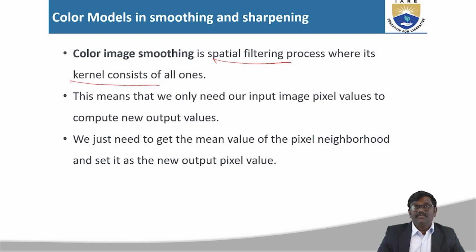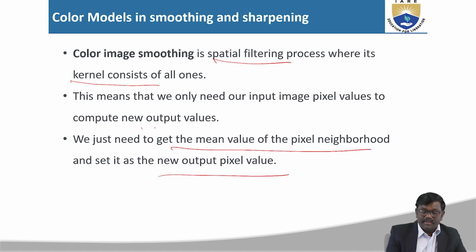This means we only need our input image pixel values to compute new output values. That means we just need to get the mean value of the pixel neighborhood and set it as the new output pixel value. That is also very important here.